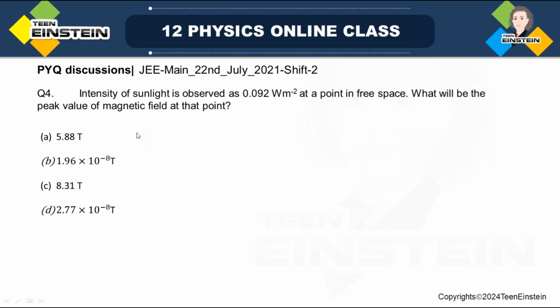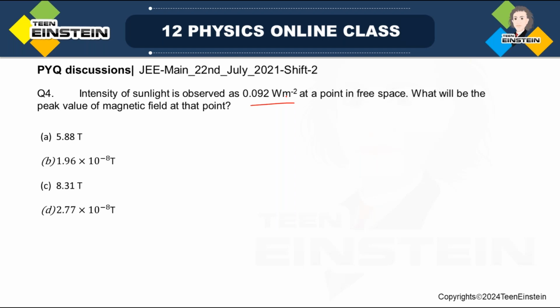Now, question number 4. This question is also very important and very interesting. So what this question is saying: the intensity of sunlight is observed as 0.092 watt per meter square.